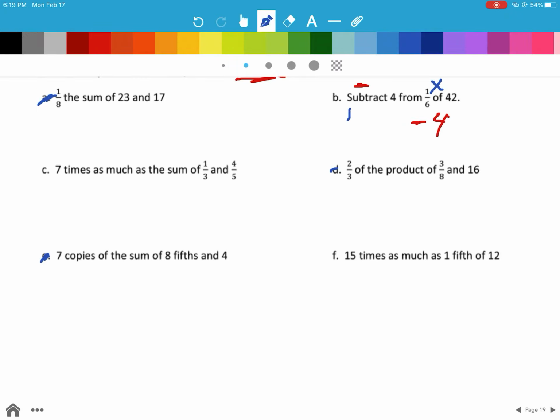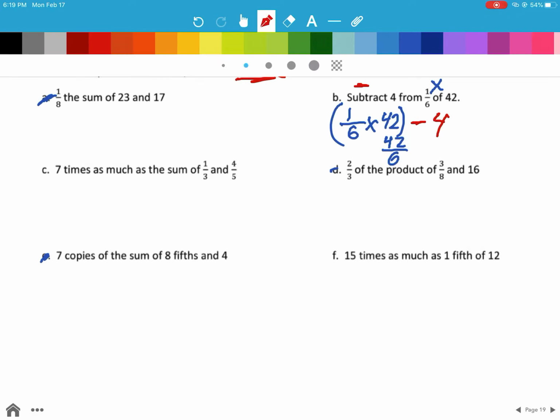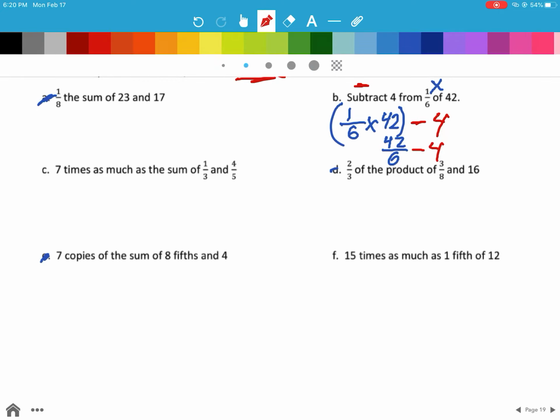So first, we're going to do 1/6 of 42. You can put parentheses on that. That will be 42 over 6. And we're going to minus our 4. 42 over 6, let's see, that will be 7.